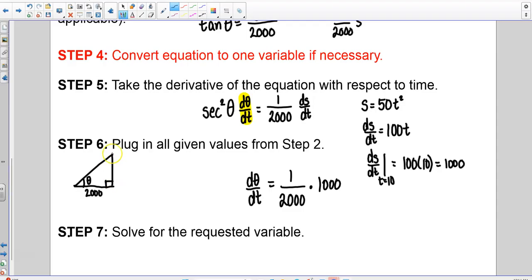What did they label this side on the picture, that vertical piece right there? They labeled it S. Do we have any way of finding S? We can plug in the value for t, because we know that S equals 50 t squared, and we know t is 10, right? So that is 50 times 100, which will give us 5,000. So at this moment, S is 5,000.